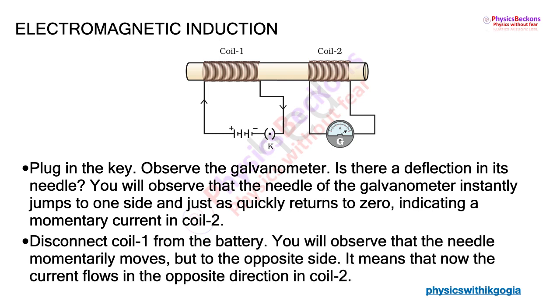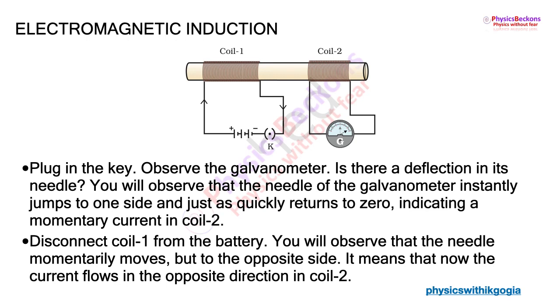Now disconnect the battery in the circuit, that is, you have to remove the key, and observe the galvanometer again very carefully. You will now see that the deflection is momentary but in a direction opposite to that of the earlier situation when we plugged in the key.